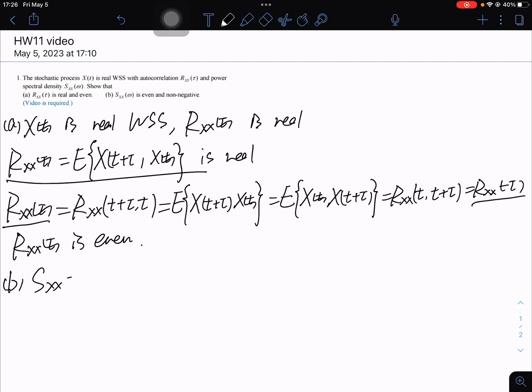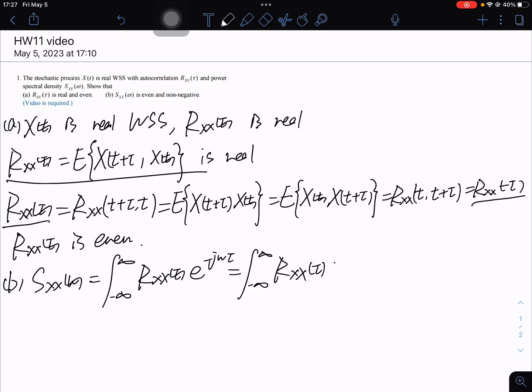S_xx(omega) equals the integration of R_xx(tau) e to the minus j omega tau, which equals the integration of R_xx(tau) cosine omega tau d tau minus j times the integration of R_xx(tau) sine omega tau d tau.